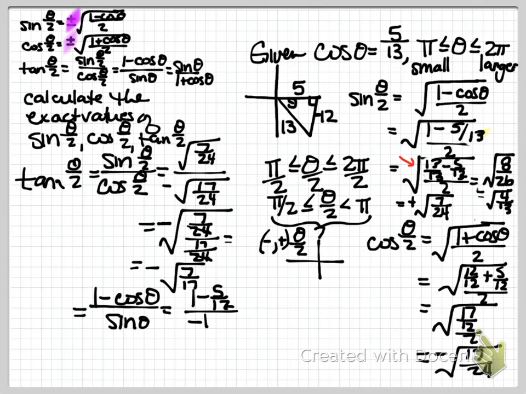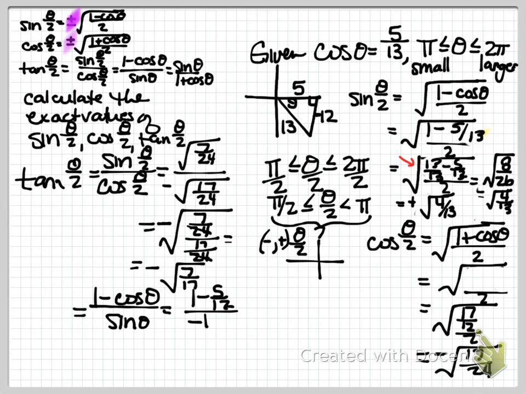Okay, now for the other one. Same thing, but now we got to change it here. Okay. Final answer is the square root of 4 over 13. Okay, now let's do our cosine. And again, I am sorry, I just caught this mistake.